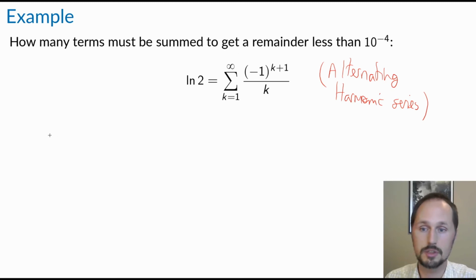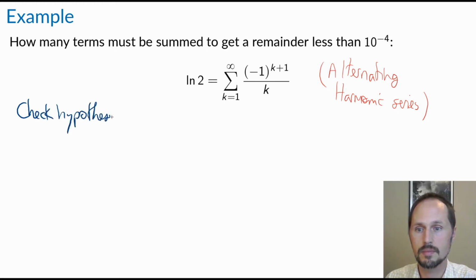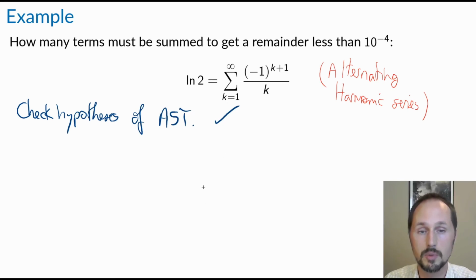Okay, so we just go ahead and check the hypotheses of the alternating series test. We did that already, so I'm just going to give us a check mark. In principle, we need to check it's an alternating series, which it is.